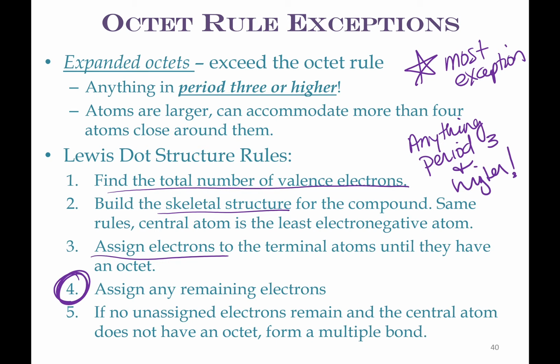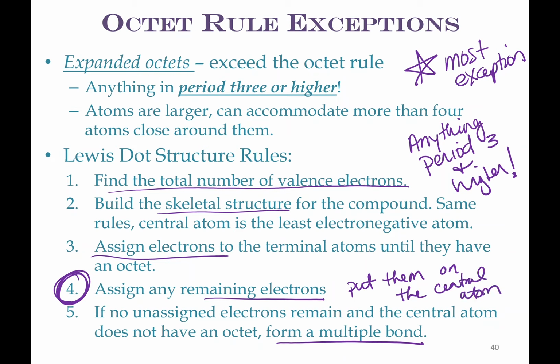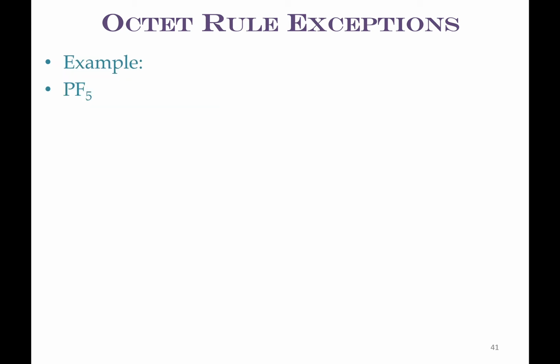Where do I assign them to? If we have no unassigned electrons and the central atom does not have an octet, you'll form a multiple bond. But if you have extra remaining electrons, you'll put them on the central atom. So that's where we're going to see a little bit of difference.